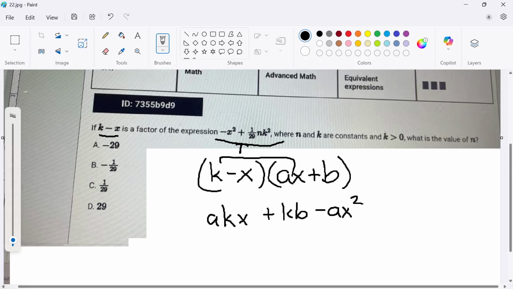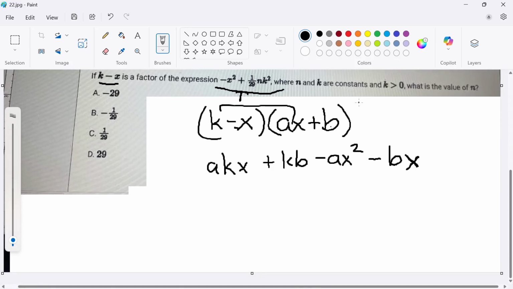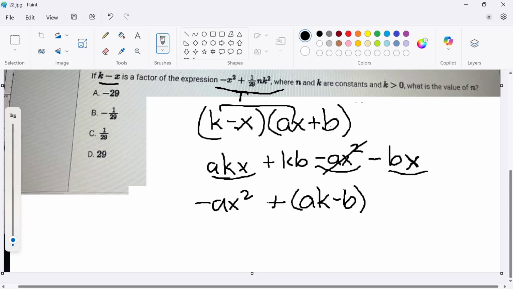And then last times last, negative x times b is minus bx. Now I'll put the x squared first, so there's minus ax squared. Then I'll put the x terms next, so this is ak minus b times x. And then I'll put the constant term, the one that has no x, plus kb.